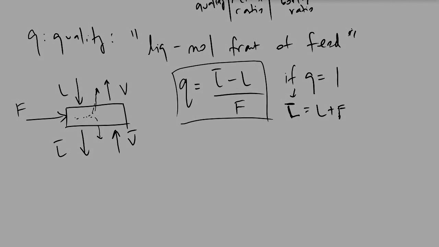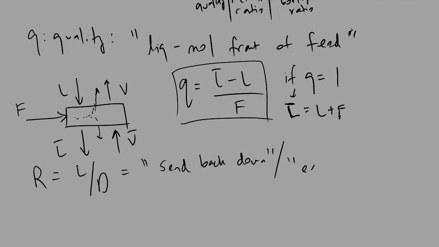The next term that we will analyze before turning to a McCabe Thiele diagram is our reflux ratio. Our reflux ratio is equivalent to L over D, which is, in words, how much of the moles in our condenser we send back down, divided by how much we extract.